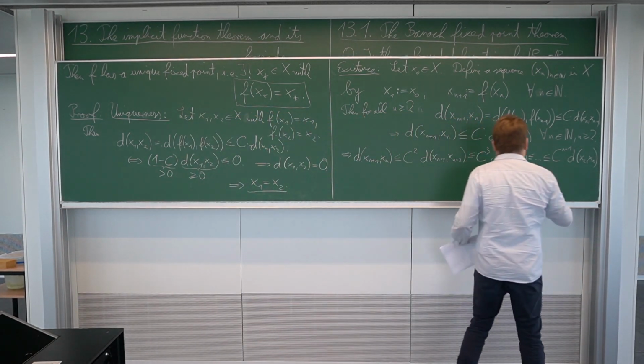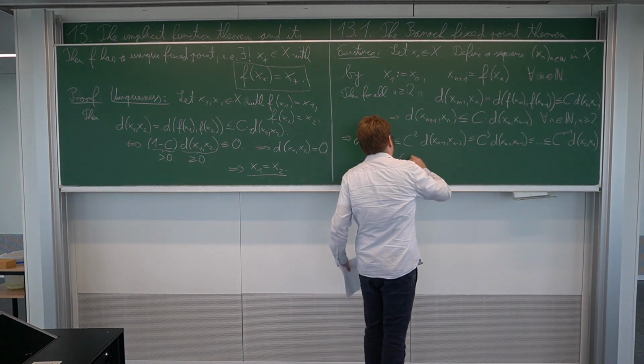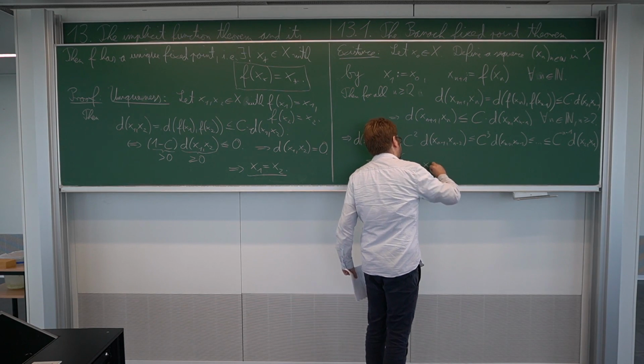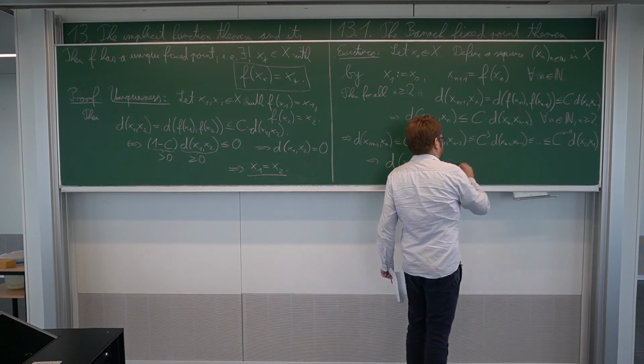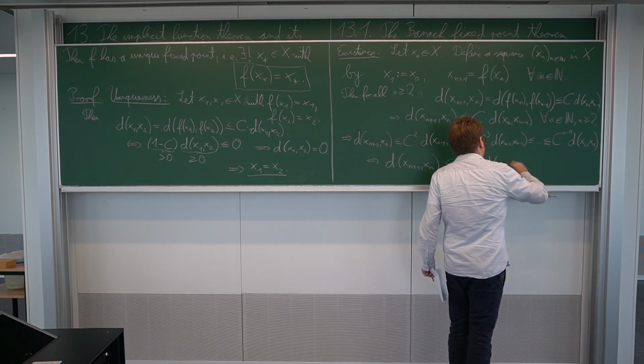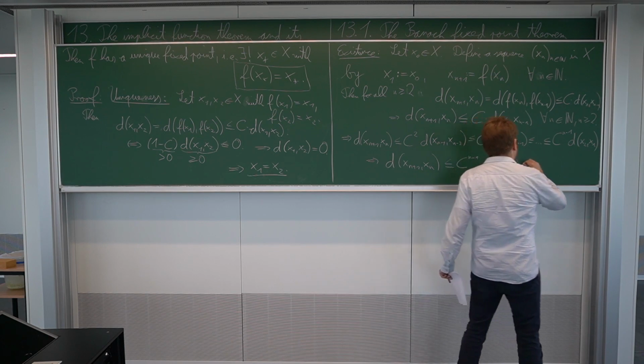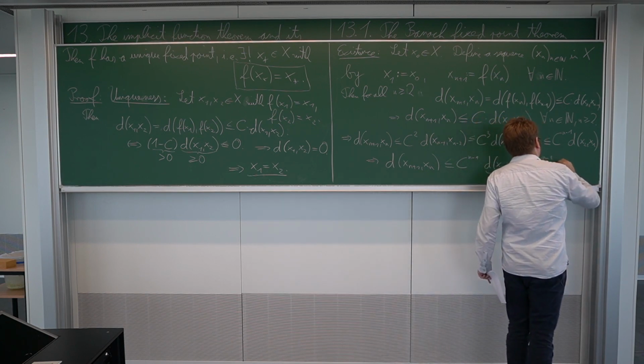So let me write this down explicitly. d(x_{n+1}, x_n) is smaller than or equal to c^{n-1} times d(x2, x1), and this number I shall just call a. So this is c^{n-1} times a.